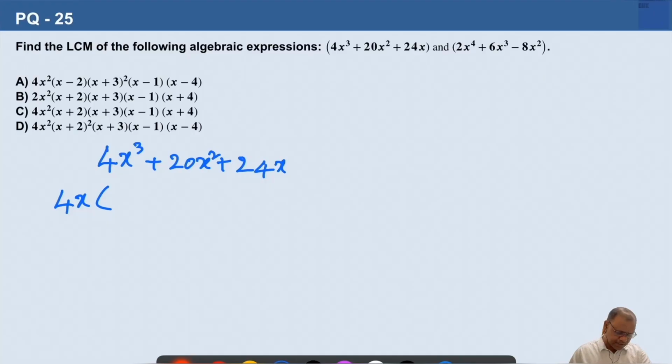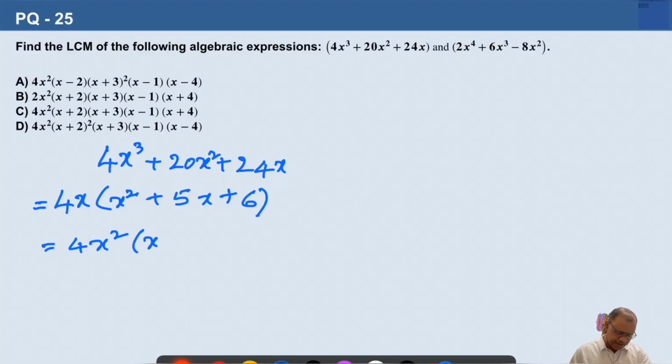So what is remaining here? In 4x cube, 4 is taken common, x is taken common, x square remains. 20 is divisible 5 times, and from x square, x is taken common, 1x remains. 24 is divisible 6 times, and x is taken common. Now we can also factorize this quadratic trinomial, x square plus 5x plus 6.